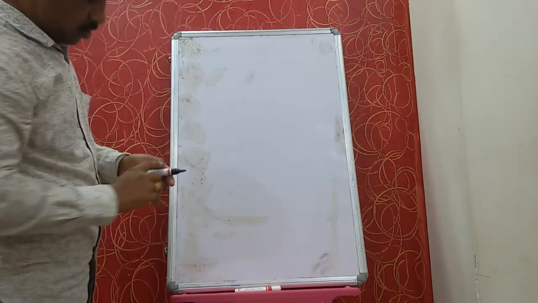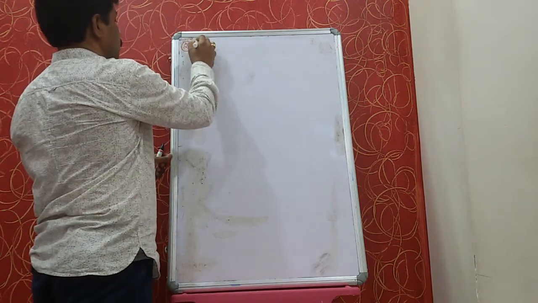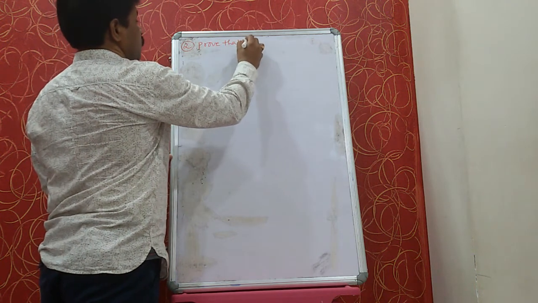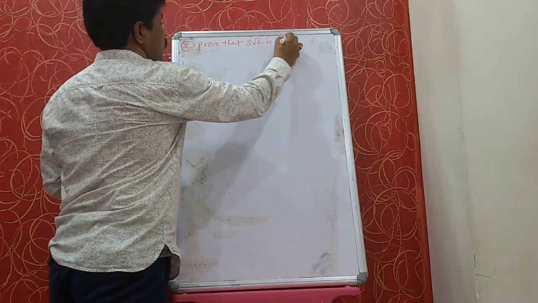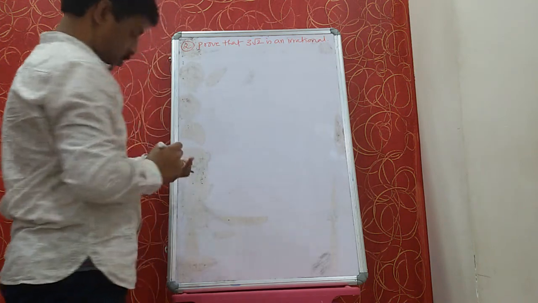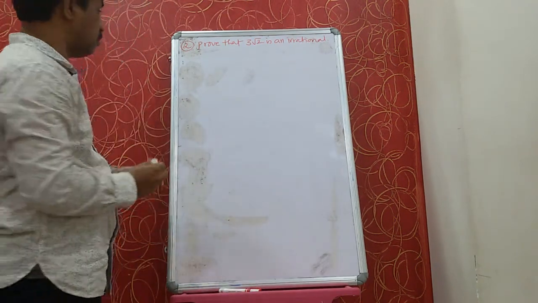So the problem is: prove that 3 root 2 is an irrational number.